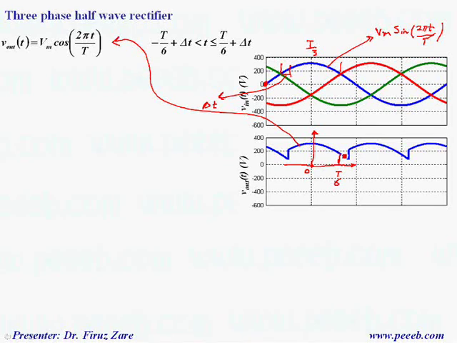Because the firing time is defined as delta t, this point is T over 6 plus delta t, and this time is minus T over 6 plus delta t, because this time is minus T over 6.